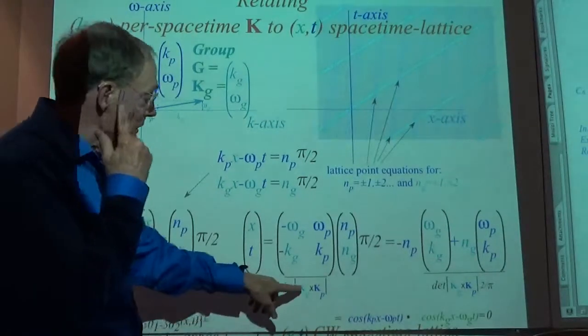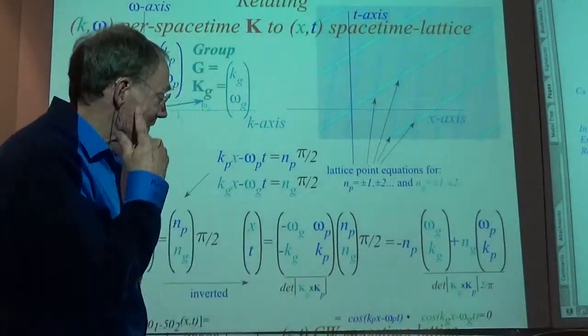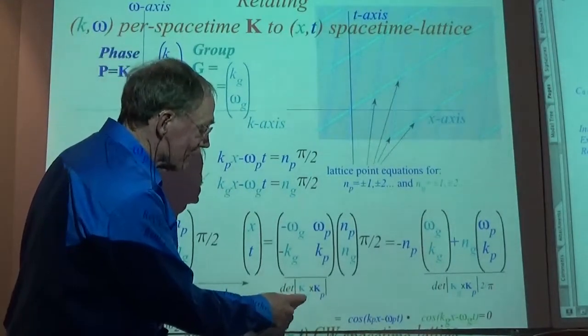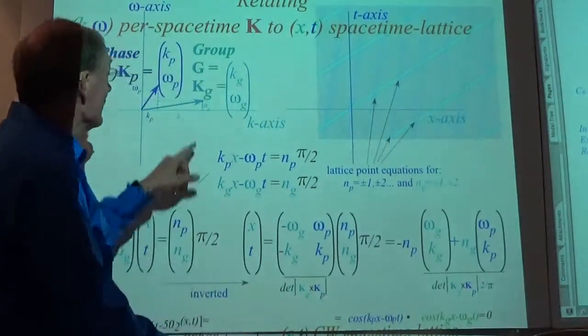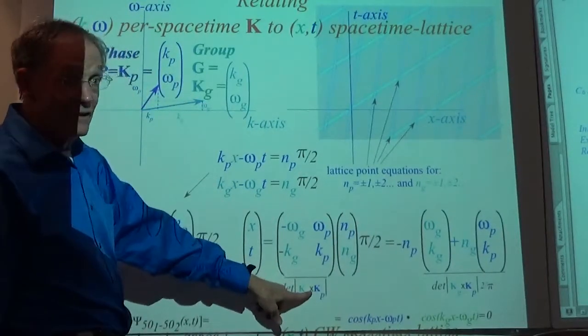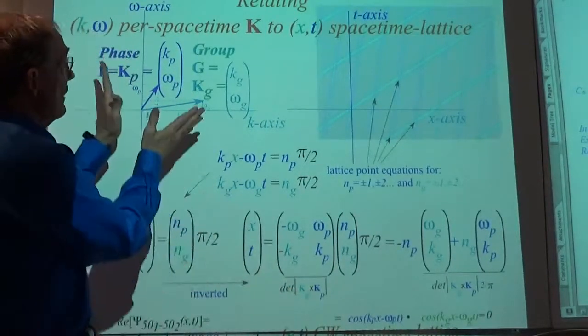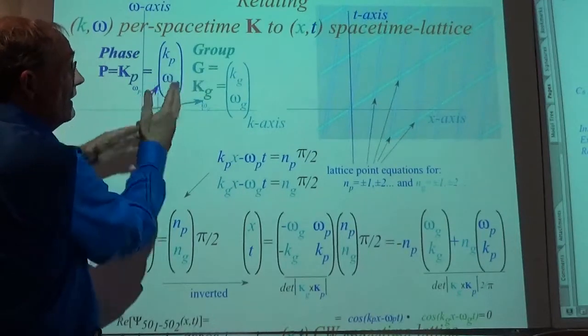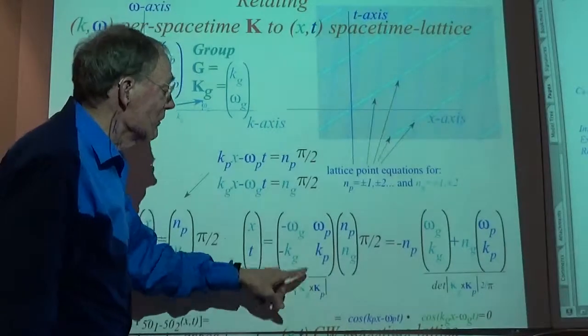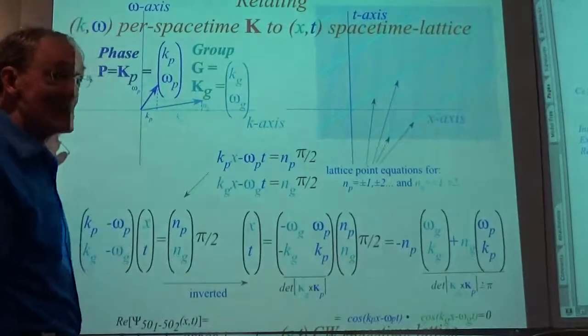You got to take a determinant of this matrix. That turns out to be the determinant of the cross product of the kg and the kp vectors. Take the cross product of that. Better not be 0 or I'm done. I cannot stand to have these things in the same line and get a coordinate system. That won't work. But if this is non-zero, this will give us something.